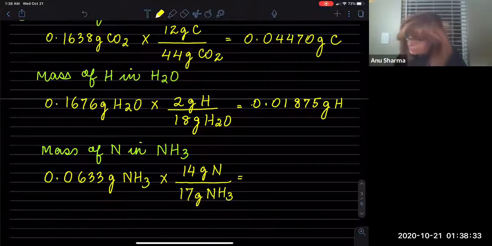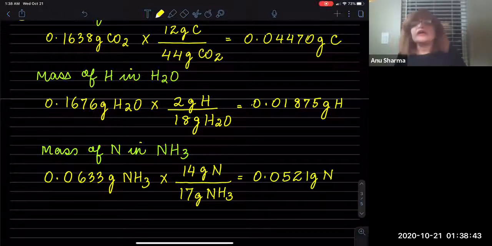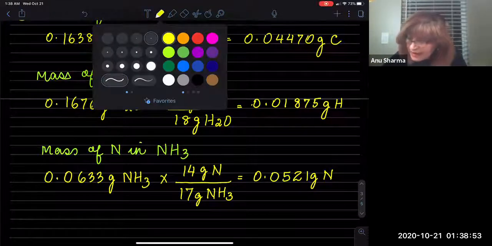And this comes out to be 0.0521 grams of nitrogen. Okay, so now we got the nitrogen, hydrogen, and carbon from the carbon dioxide, water, and ammonia. But how much is it in the sample? Now we're going to look at the mass percentage.